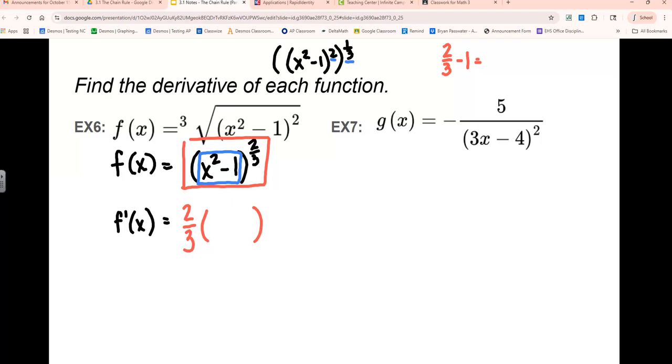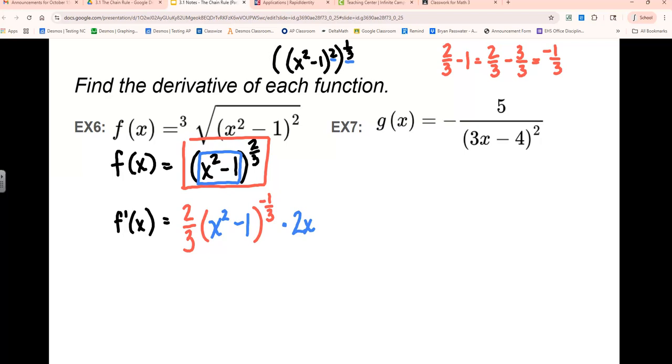Not -1. 2/3 minus 1 is 2/3 minus 3/3, which is -1/3. And the stuff on the inside stays the same. Stuff, of course, not being the proper mathematical term for that, but I think it helps to put that in last. So now, stuff on the inside stays the same, but then I must multiply by the derivative of the stuff on the inside. What is the derivative of my inside function? 2x.